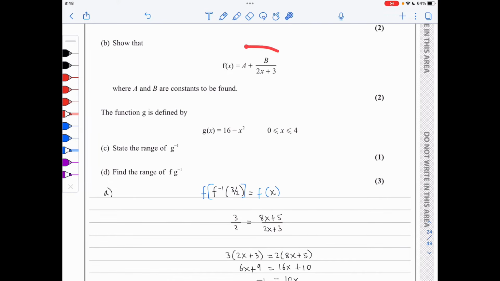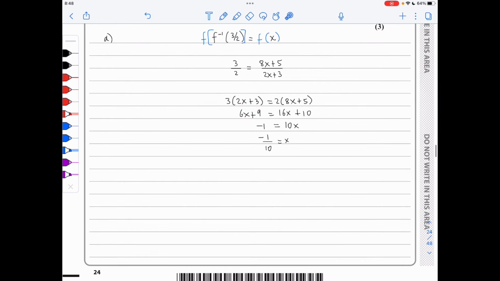In B, we need to show that f of x can be written in this form where a and b are constants to be found. What I can do here is simply do long division. So I will divide 8x plus 5 by 2x plus 3. Dividing 8x plus 5 by 2x plus 3, I need a 4. 4 times 2x is 8x, 4 times 3 is 12.